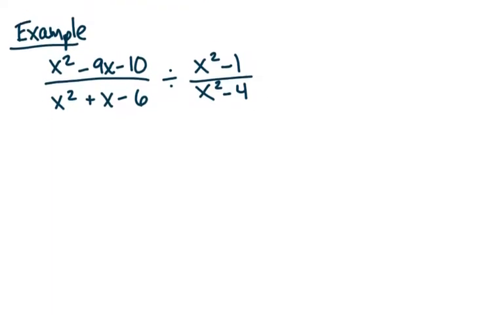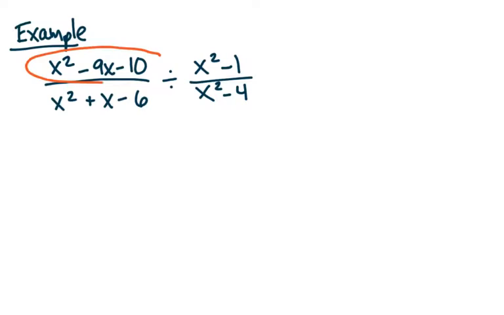Okay, so let's do another one. And so I'm going to factor the top, and lucky for me, I can do easy factoring. So x squared minus 9x minus 10. I'm looking for two numbers that multiply to give me negative 10. So there's 1 and 10, 2 and 5. It's a negative, so one has to be positive and one has to be negative.